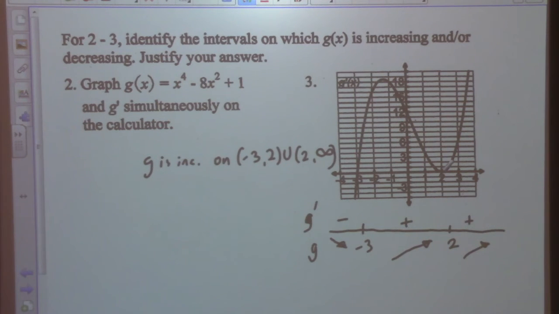Why is it increasing on negative 3 to 2? Because it's above the x-axis here.